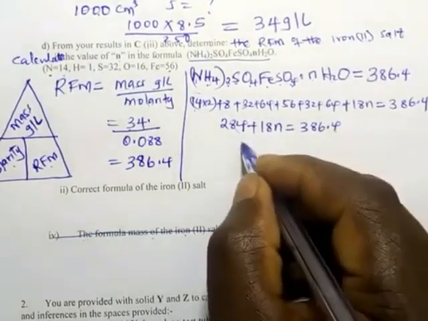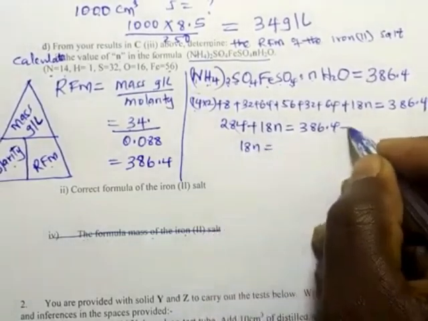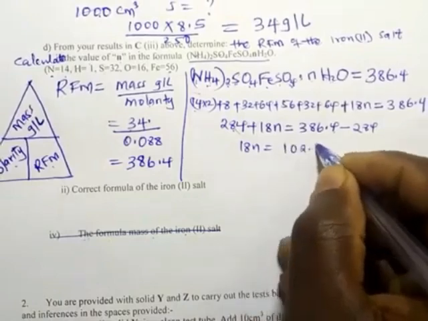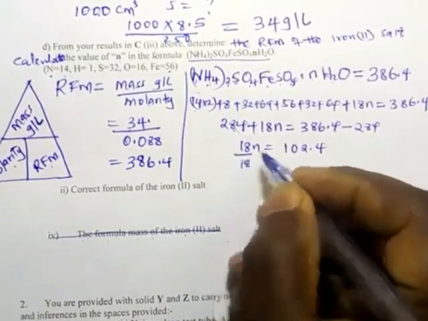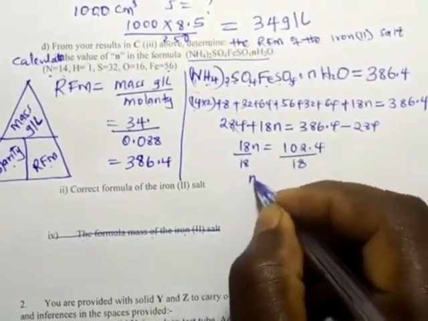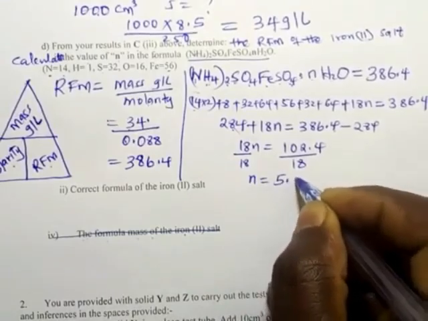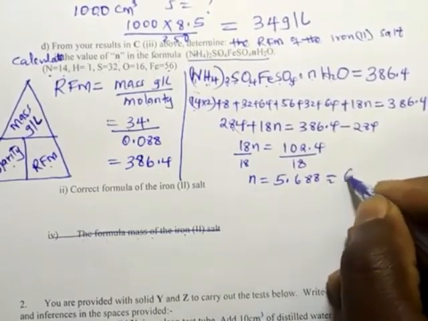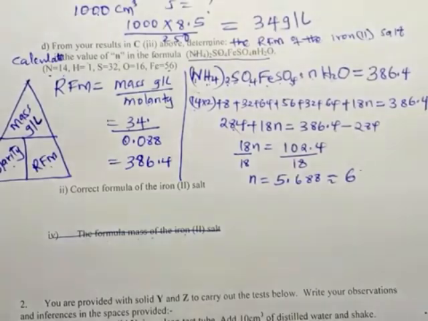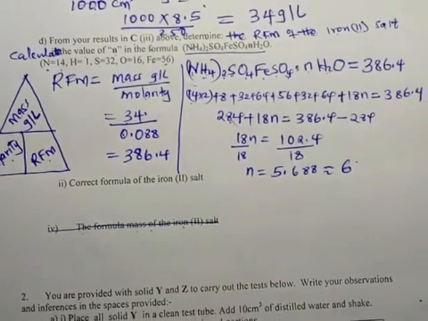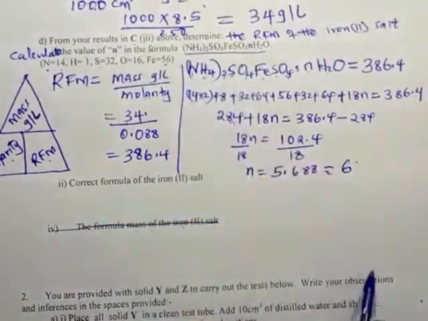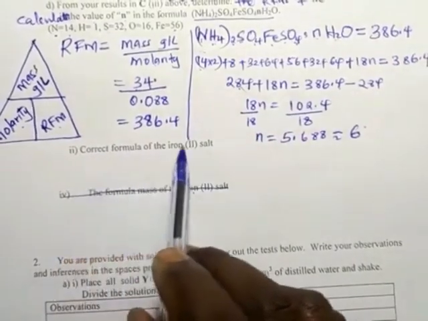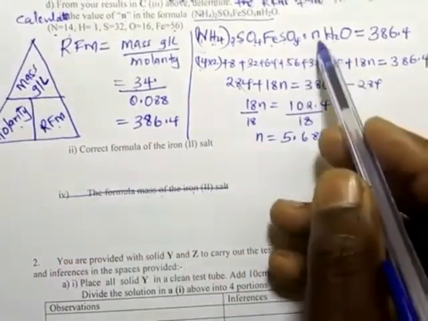Like terms together, 18N is equal to, you subtract this here, is equal to 102.4. You divide it by 18, you find that N is equal to 5.688, which is equivalent to 6. So that is the value of N in this salt. Determine the correct formula for the ion. So the formula, we are going to replace N with 6.